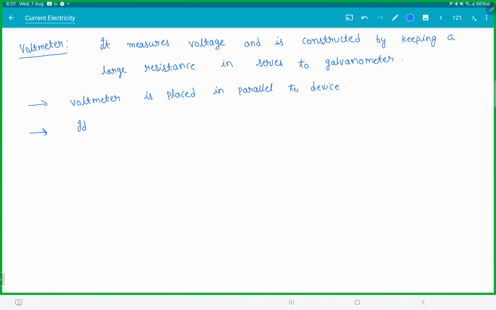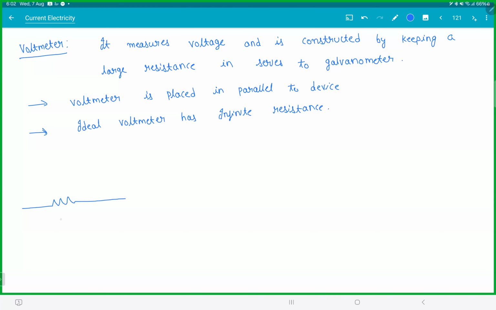An ideal voltmeter has infinite resistance. It behaves just like an open circuit.